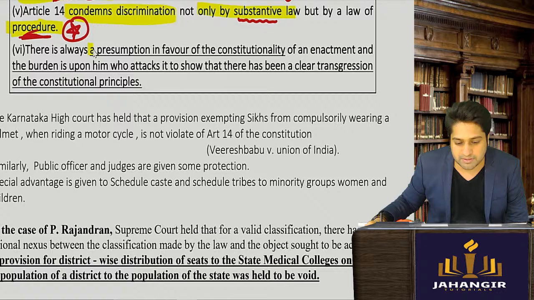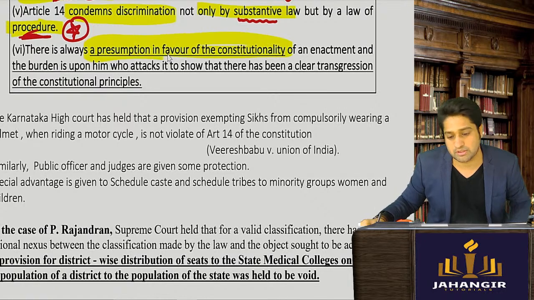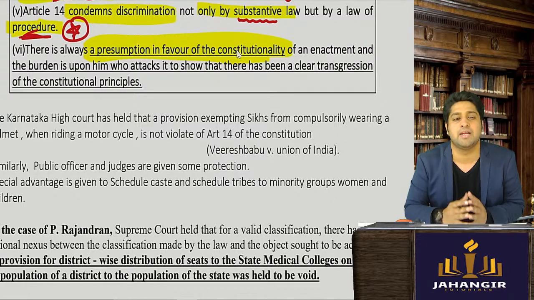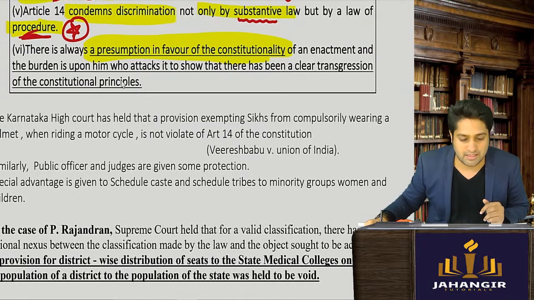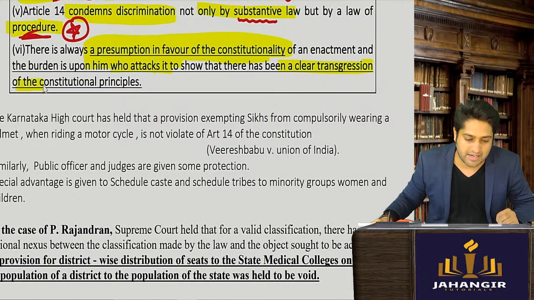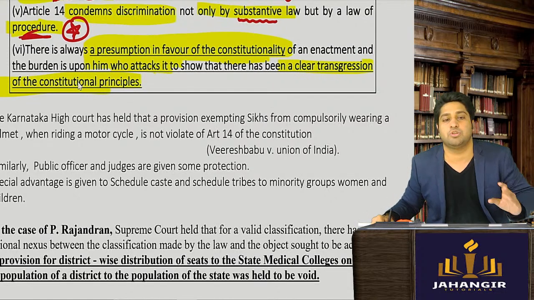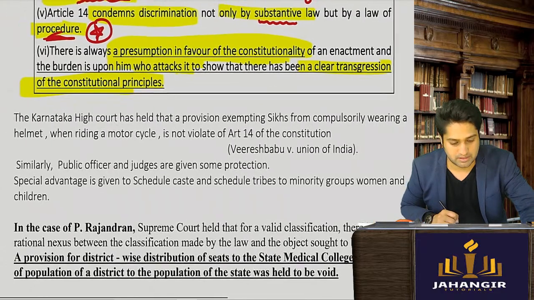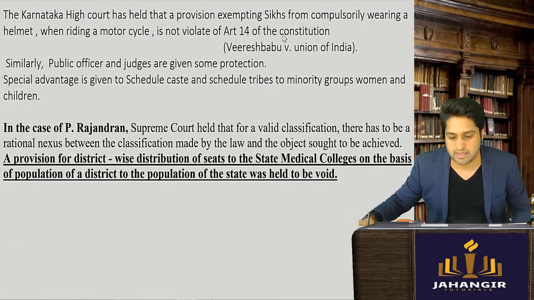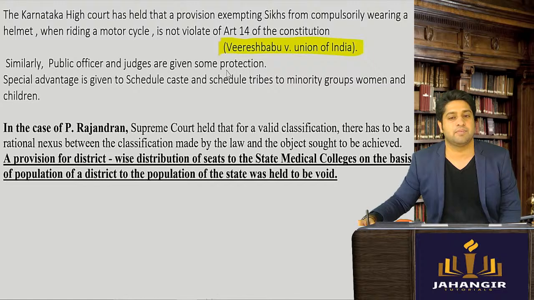There is always a presumption in favor of constitutionality. That is, they will always presume that whatever law has been made is correct. And anyone who is going to attack has to show that there is a clear violation, a transgression of the constitutional principles.